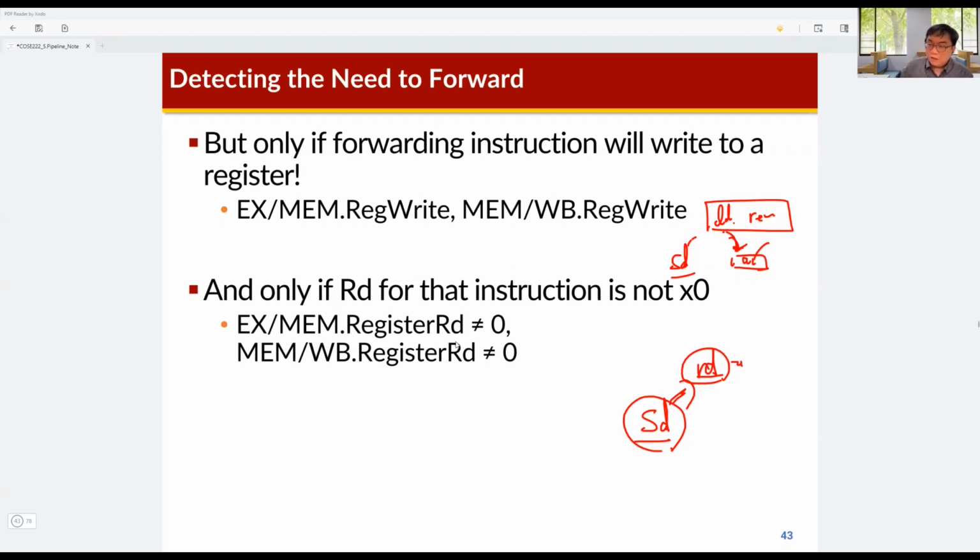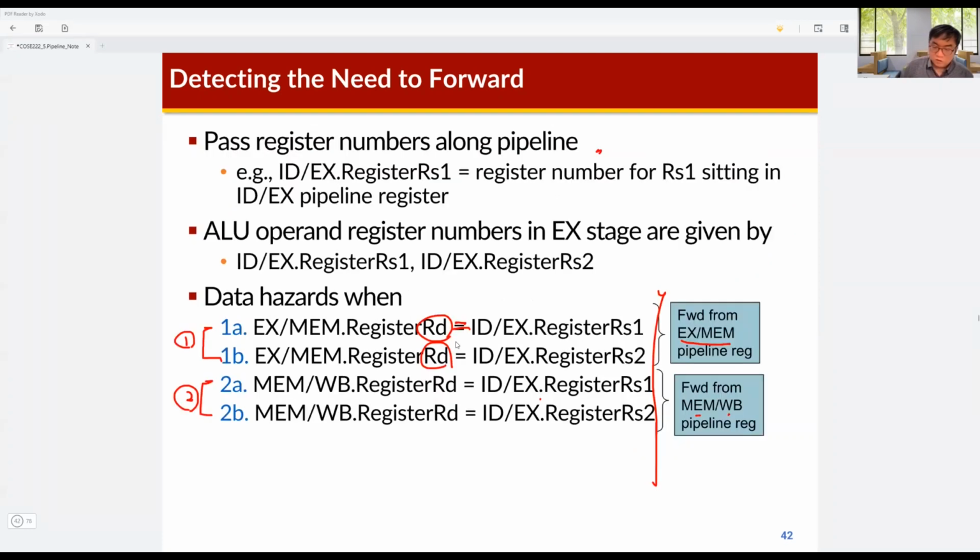So even though the store instruction does not use RD, the destination register number, when the store instruction is executed, RD is some field of the instruction, so RD may have some values. So if we just use this condition, then RD may have some values.